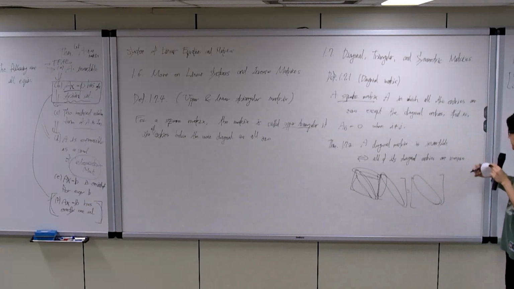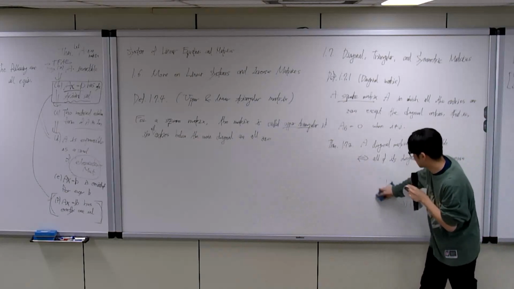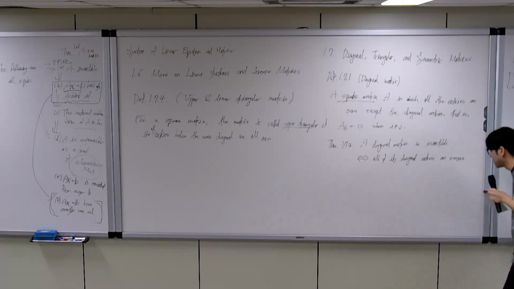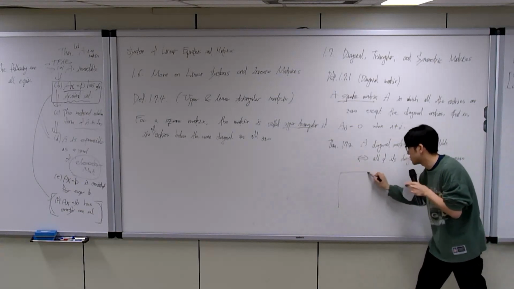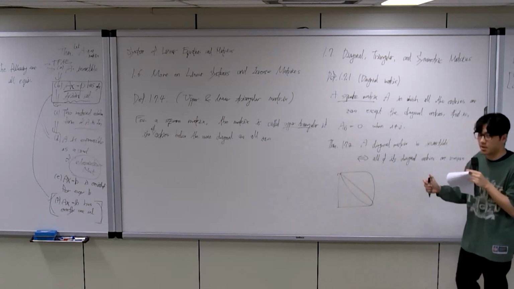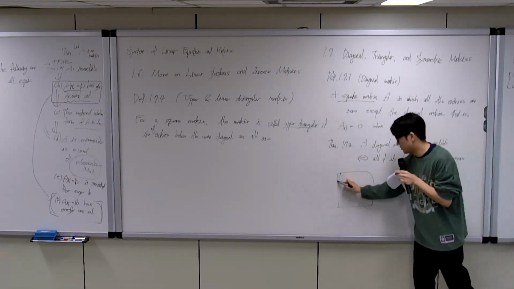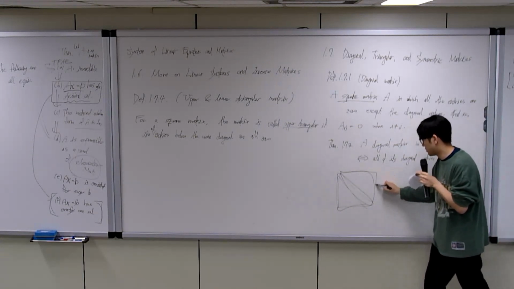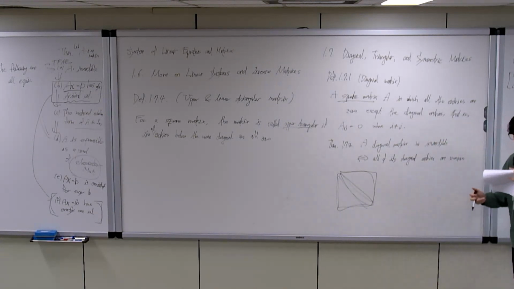So if we look at the matrix, it has the main diagonal part, and then it divides into three parts: the main diagonal, the below side of the main diagonal, and the upper side of the main diagonal.